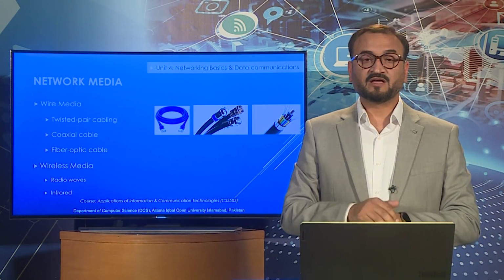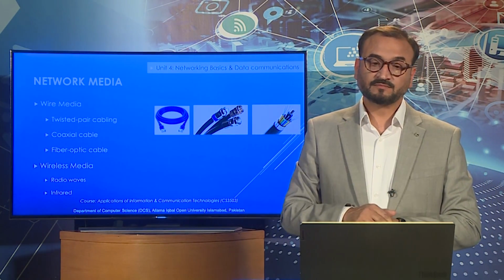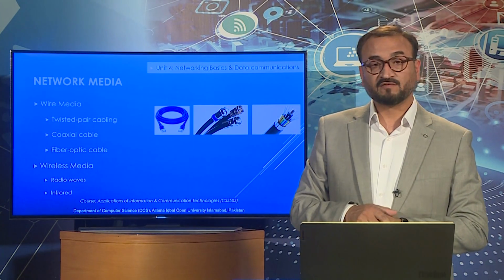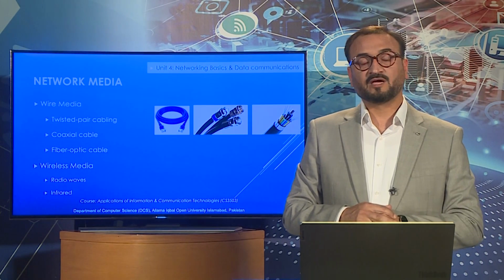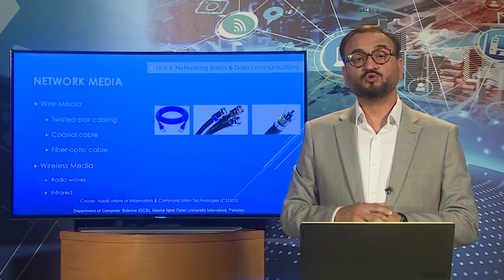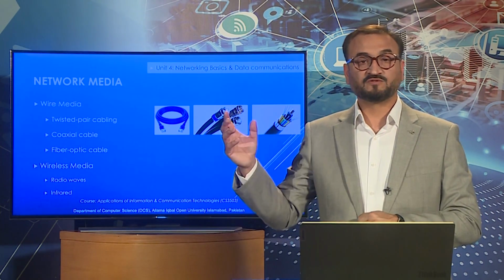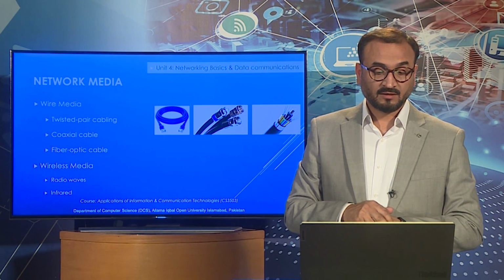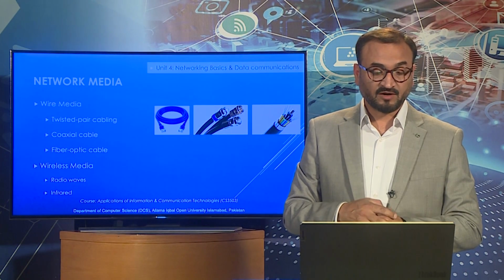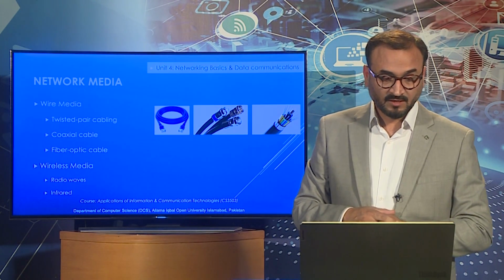There are a lot of categories, Cat 4, 5, 6, that we can use to connect our computer networks. Another is coaxial cable that we are commonly using in our homes for televisions. So coaxial cable is also used in computer networks for connectivity.